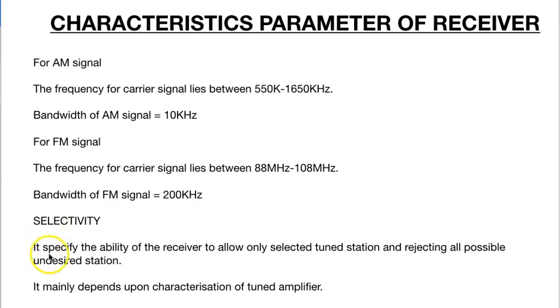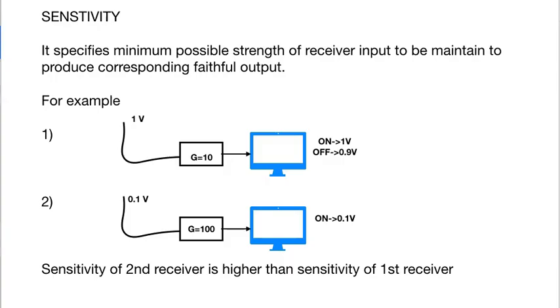It specifies the ability of the receiver to allow only the selected tuned station and reject all possible undesired stations. That is, it accurately selects only the frequency that is required and rejects all other frequencies. It depends on the characterization of the tuned amplifier.